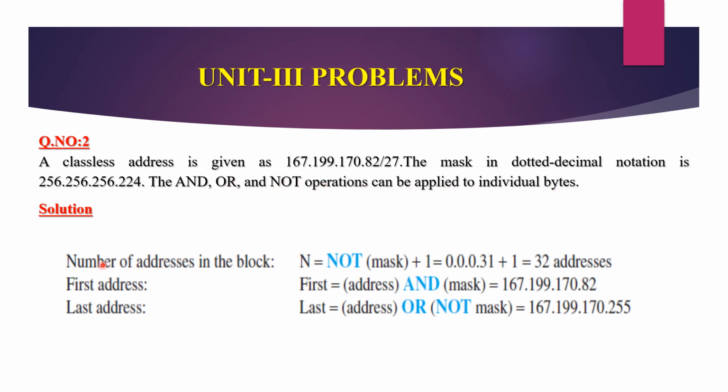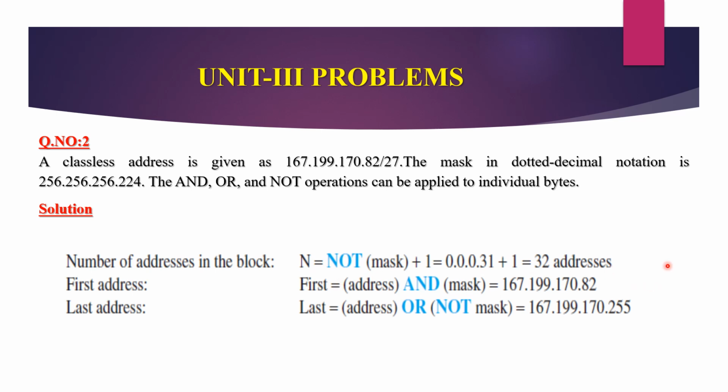The number of addresses can be calculated as the NOT of the mask, the complement of the mask, plus 1. The mask is 255.255.255.224, so its complement is 0.0.0.31, and 31 plus 1 gives 32 addresses.